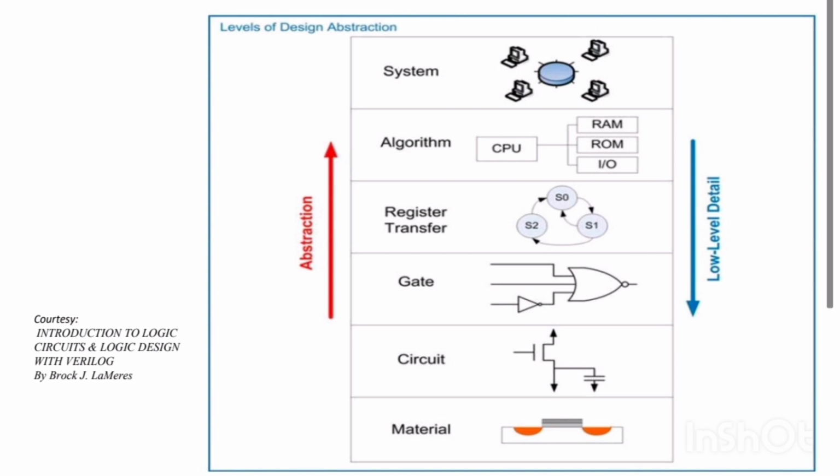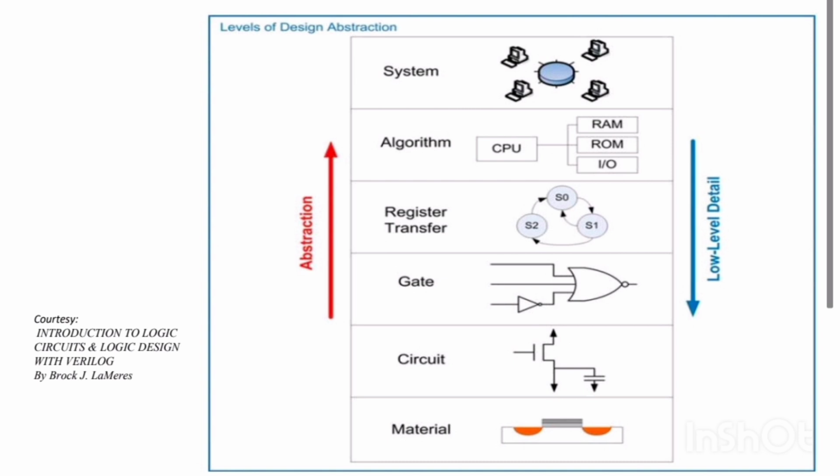The next lower level is the algorithmic level, and at this level the specification begins to be broken down into subsystems, each with an associated behavior that will accomplish part of the primary task. That is, at this level, for example, the computer specification might be broken down into subsystems such as a CPU to perform the computation and random access memory to hold the inputs and outputs of the computation.